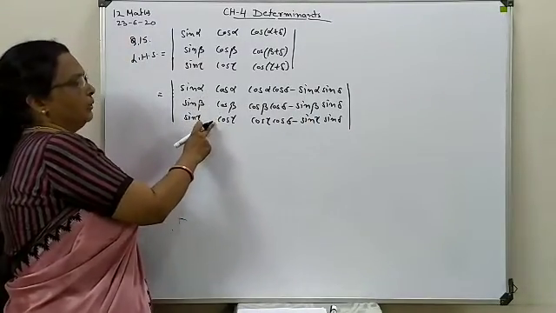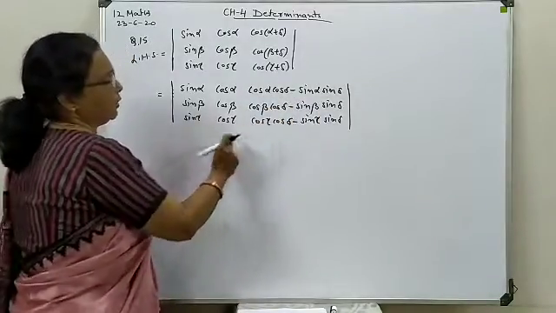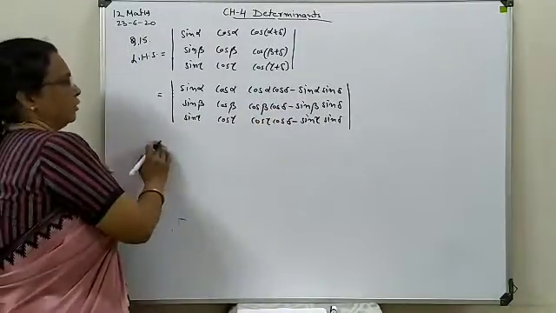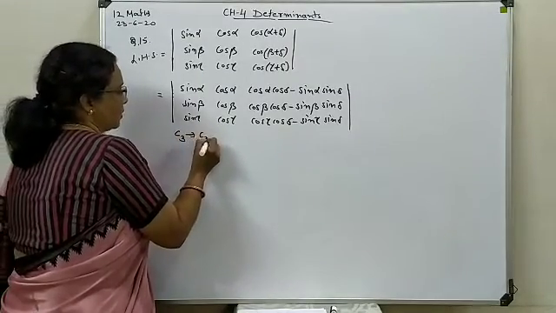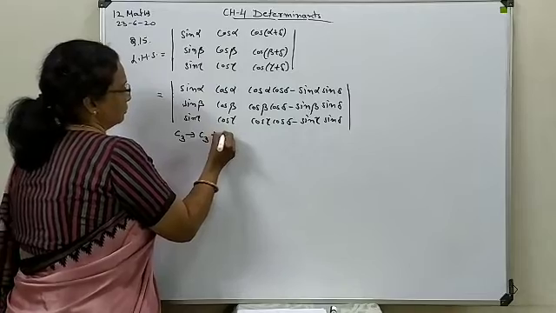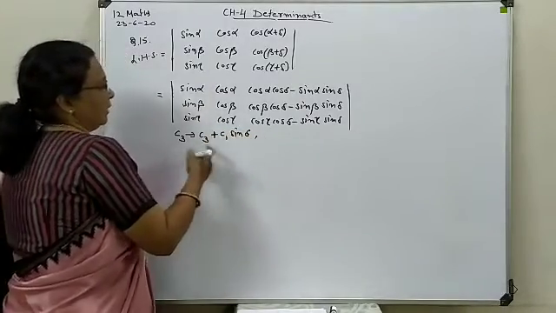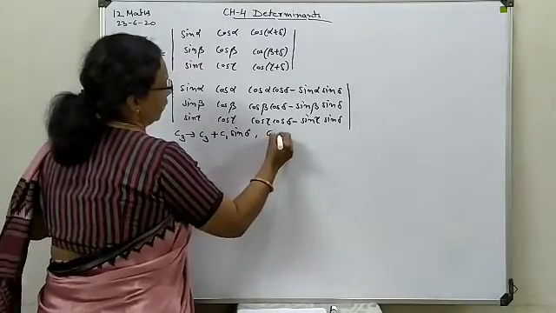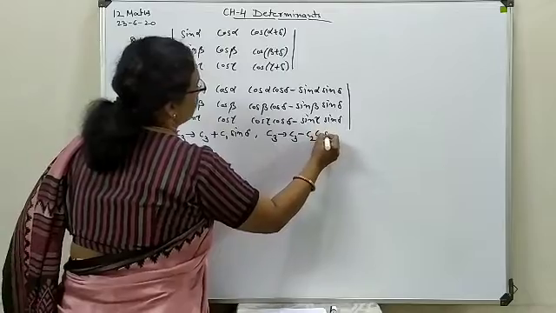Secondly, you multiply the second column with cos delta and subtract it over here, so all the cos terms will get cancelled. So the property we are going to implement in the third column is C3 plus C1 sin of delta, and at the same time minus C2 cos of delta.